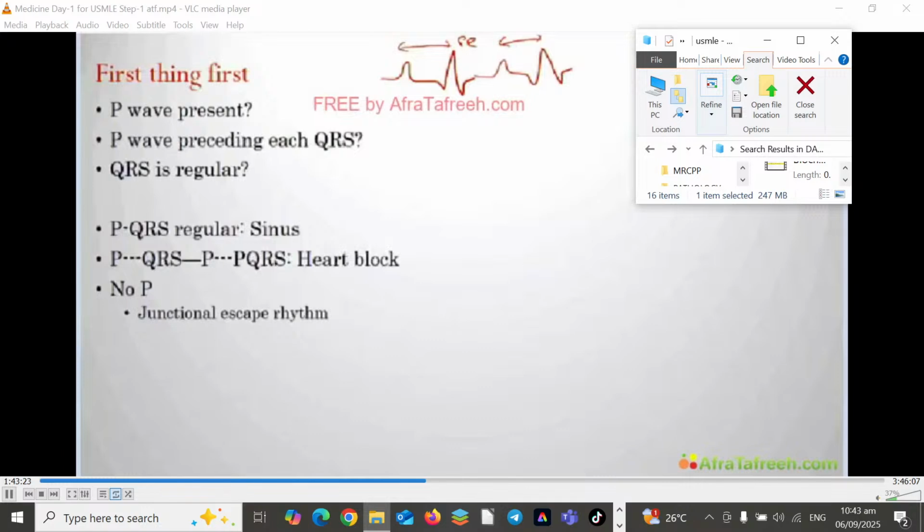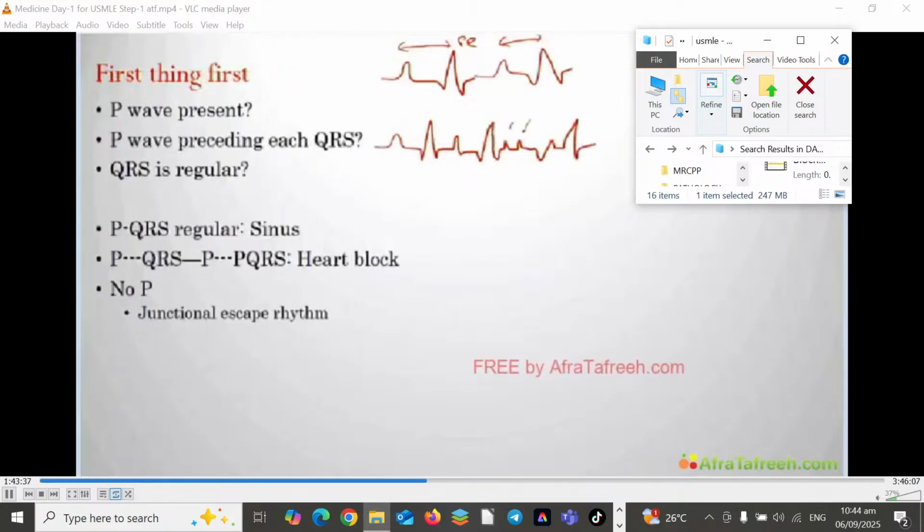There might be certain conditions where the P is contracting very differently to the QRS complex, and so there are multiple P waves which are very different from the QRS complex. What that means is the QRS is contracting at its own rhythm and the P wave is contracting at its own rhythm.